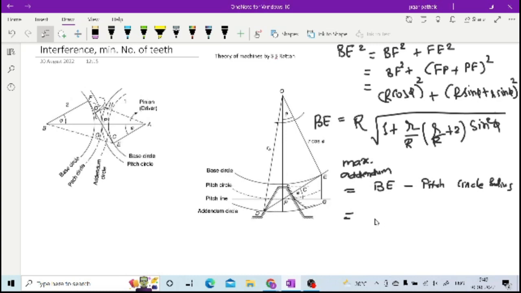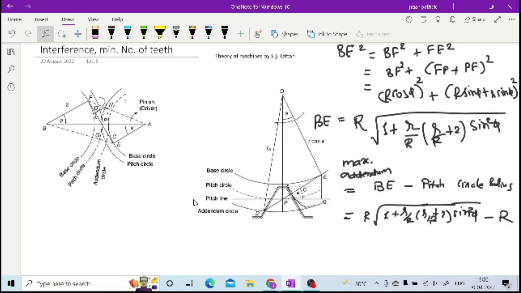That is the same, this R under root of 1 plus r by R times (r by R plus 2) sine square phi, minus R, the pitch circle radius, right? So maximum addendum can be calculated from this.